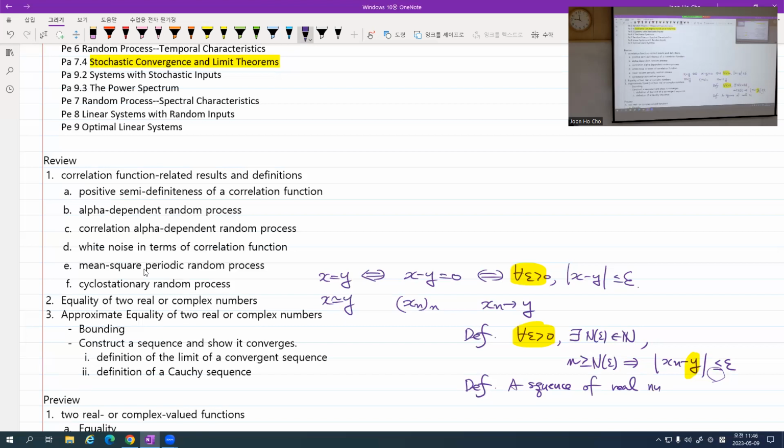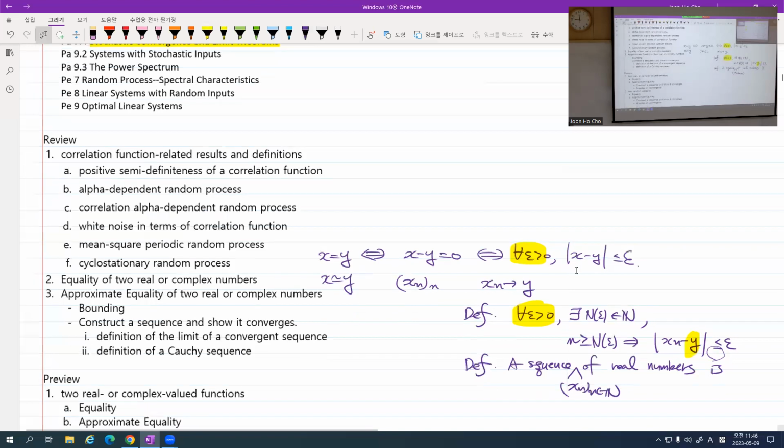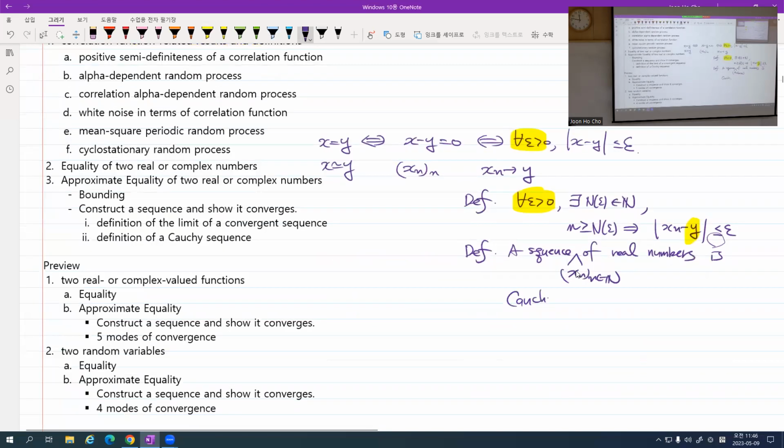A sequence of real numbers is classified as a Cauchy sequence if, and again we have the spell, for every epsilon positive, there exists an integer n of epsilon such that m and n greater than or equal to n of epsilon implies the difference between x_m and x_n is less than or equal to epsilon.